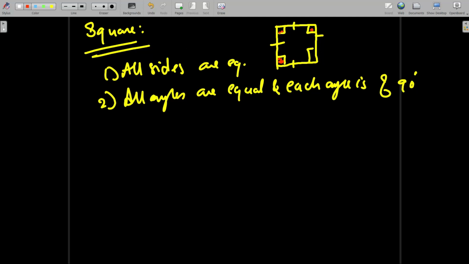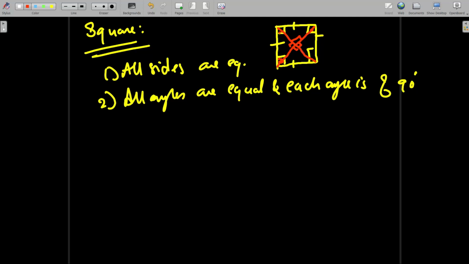Now coming to the diagonal part, in the earlier example there was a bit of confusion related to diagonals. Here the diagonals are perpendicularly bisecting each other, which means each angle formed by the intersection of the two diagonals is 90 degree.